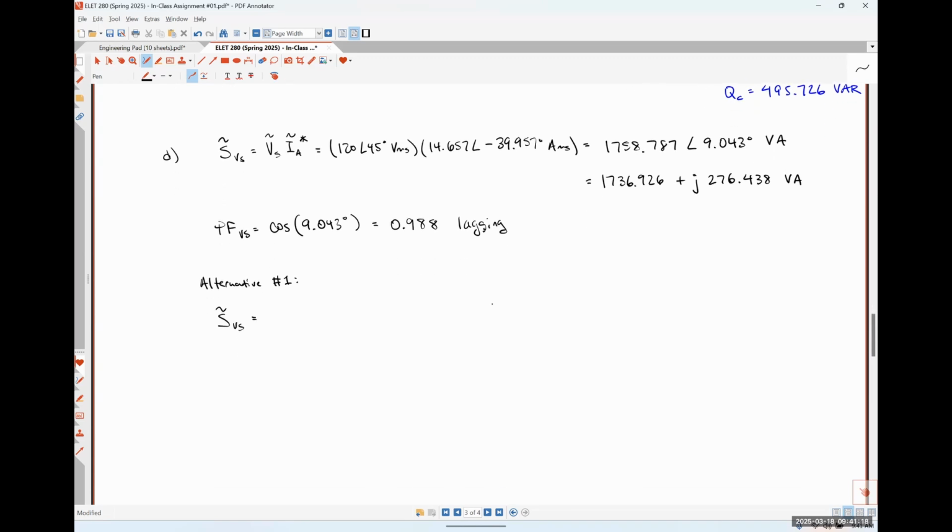So instead of doing V times IA conjugate, we could have just done SA plus SB plus SC. So I'd like for you guys to take a moment and just throw those three numbers into your calculator, add them together, and confirm that you do get the exact same result as we got above, right?